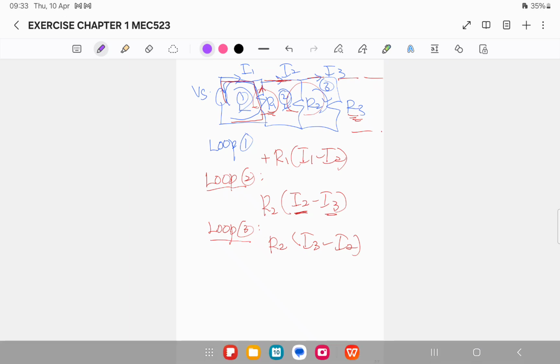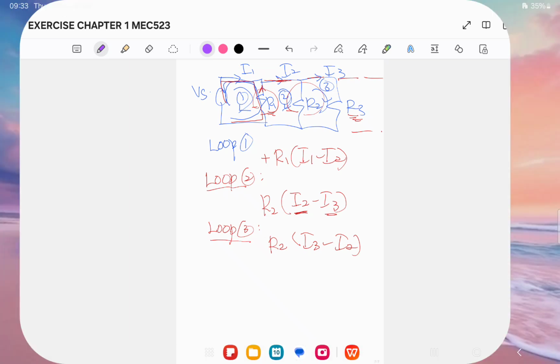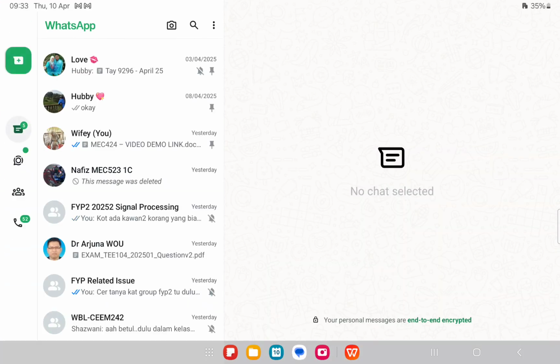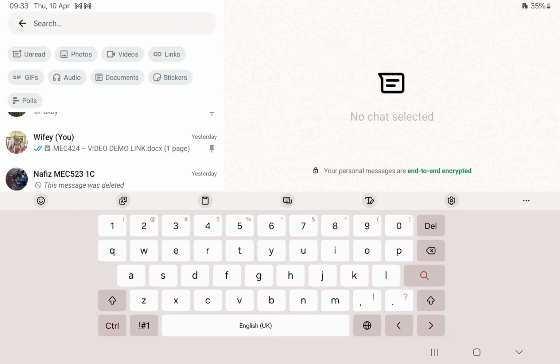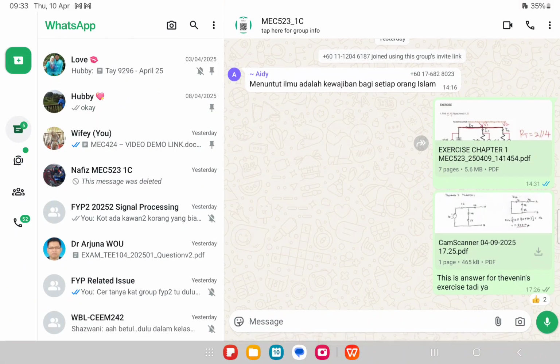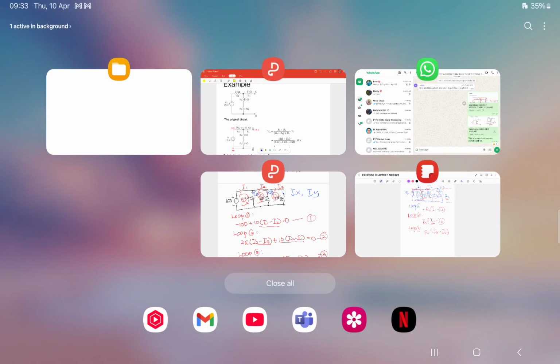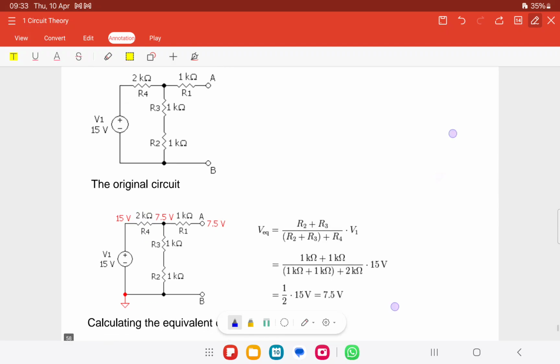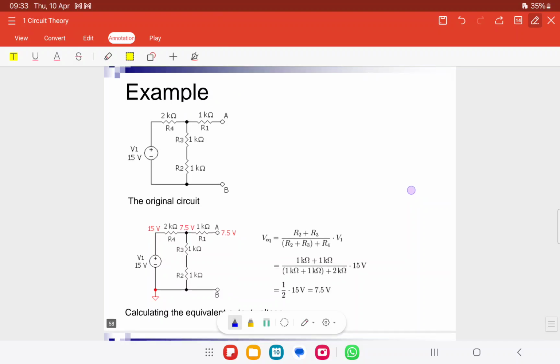Oh, tak ada internet. Tak boleh buka, tak ada internet. Kejap saya sambung internet dulu. Okay, here. Ini contoh ni.